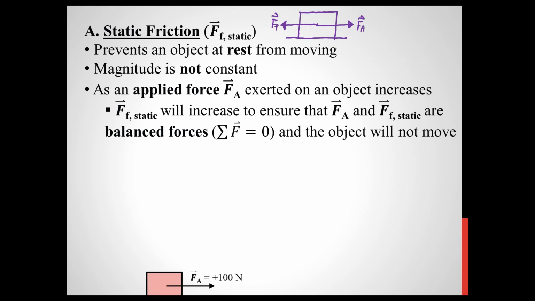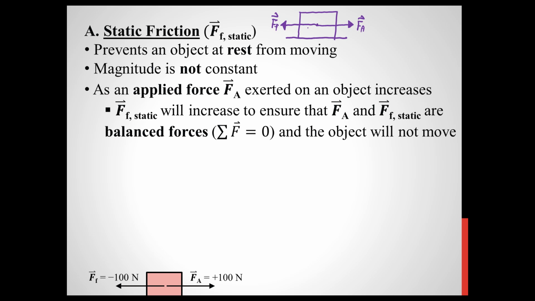Let's say that we have an object and we're going to apply a force towards the right, which we could identify as being positive. If I exert an applied force on the object towards the right and I can't get it to move, that's because the force of friction is equal in magnitude but opposite in direction.